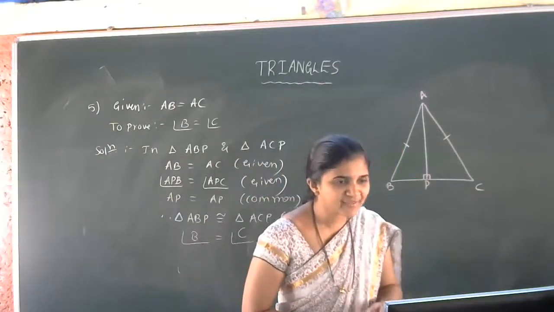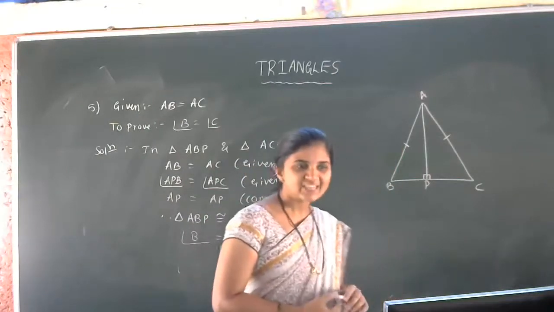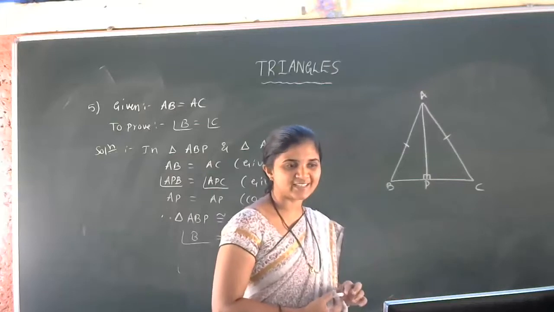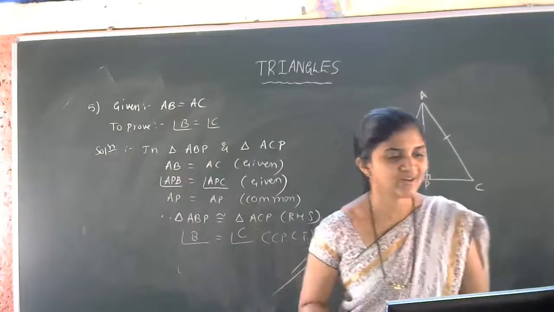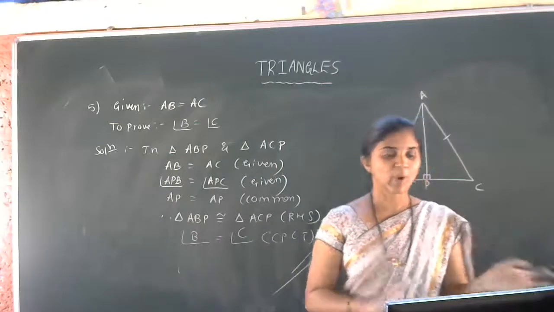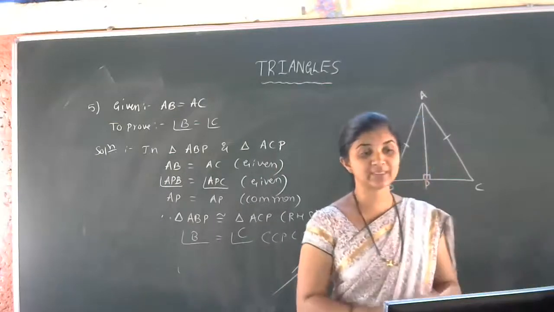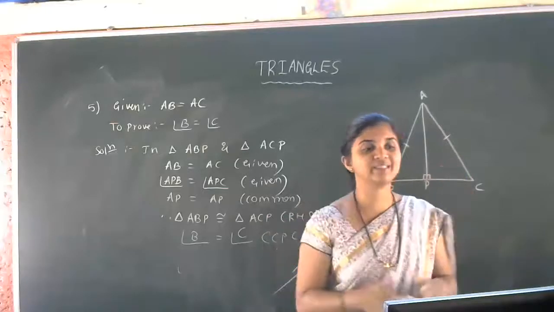Got the idea of this problem, students? Do you have any confusion regarding this? Very simple problem. Now we have finished the problems related to congruency criteria, so let us recall the congruency criteria once.